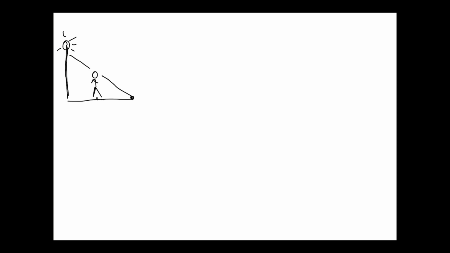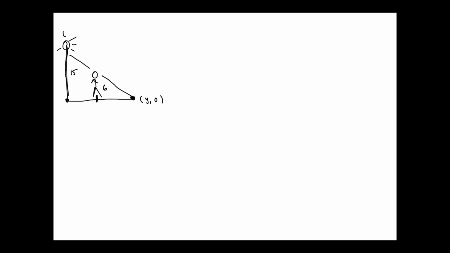All right. Let me call this point here some distance away from the origin. I'll put the lamppost at the origin, and what's the height of the lamppost? It's 15 feet. He's 6 feet.